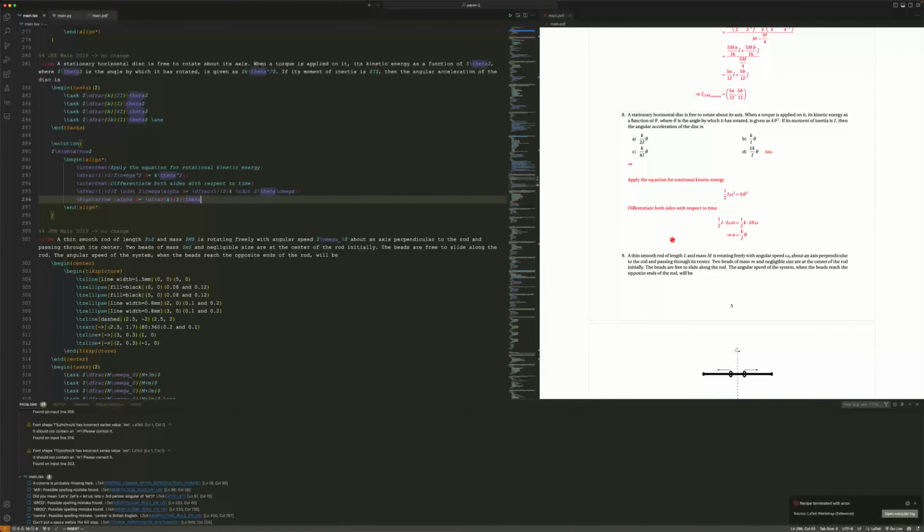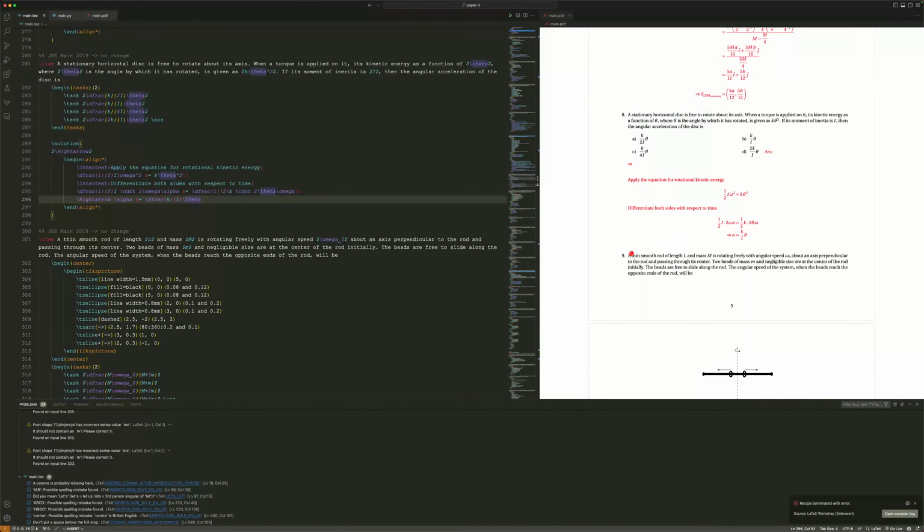Oh, but it just removed the k part. I think it's wrong. Half I omega square is the kinetic energy, which is k theta squared, and then we differentiated.